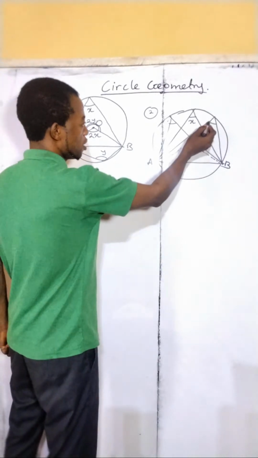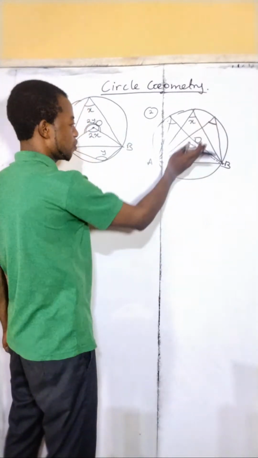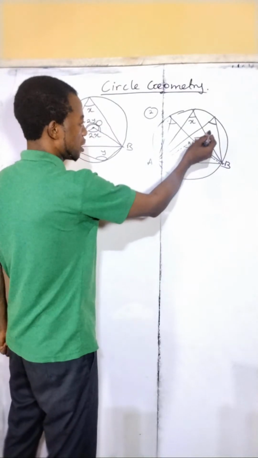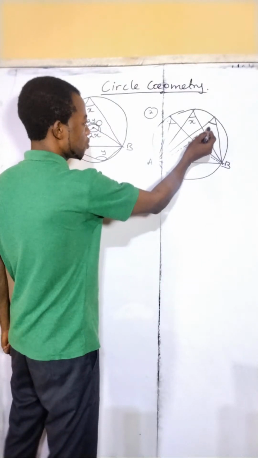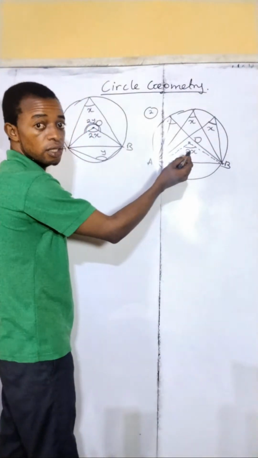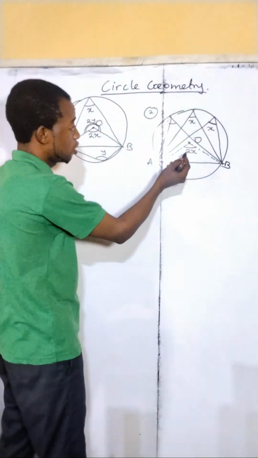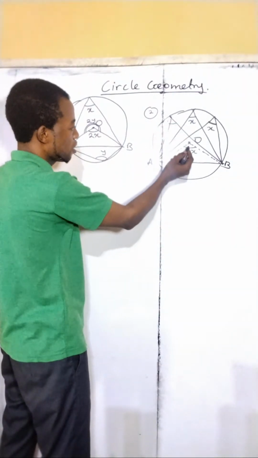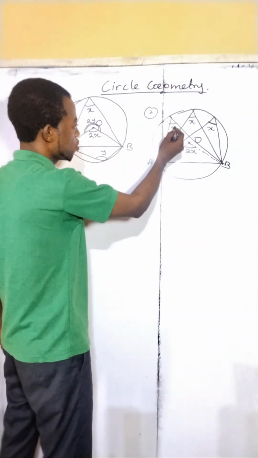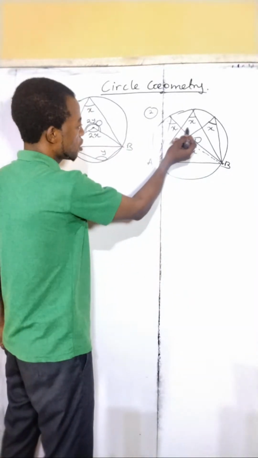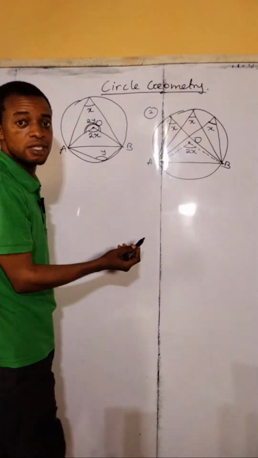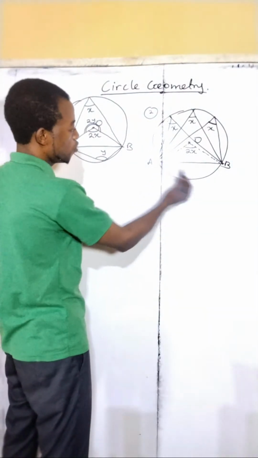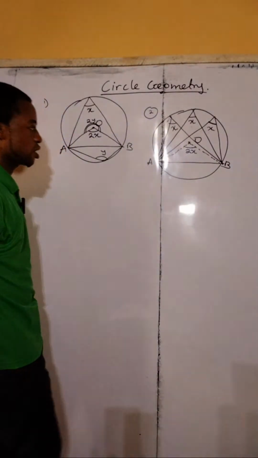And also here, this is also angle at the circumference to this angle at the center. So which means here as well, this angle also will be x. And in the same way, this angle here is angle at the circumference to the angle at the center here, and this angle too will be x. Therefore, all these angles here are equal. So angles in the same segment are said to be equal. It might be formed at this other part of the segment as well.